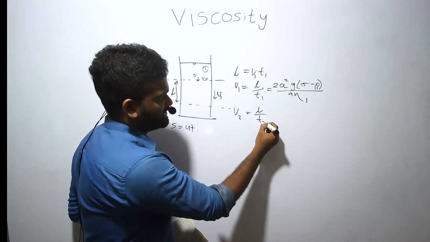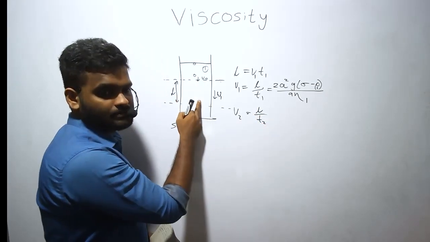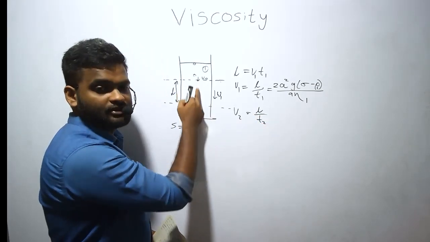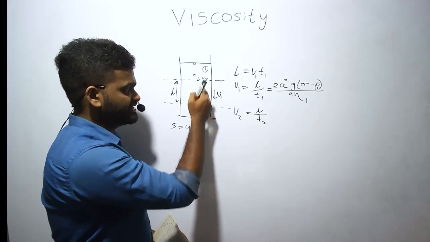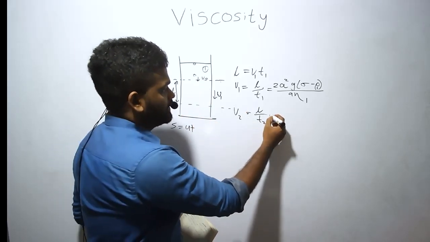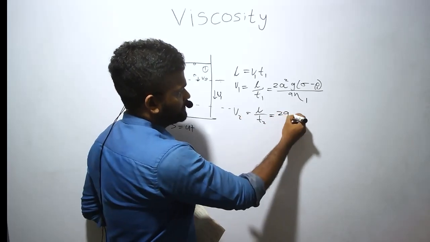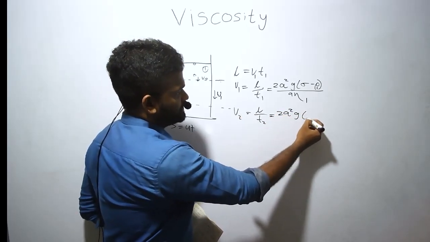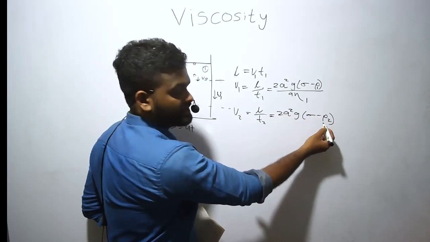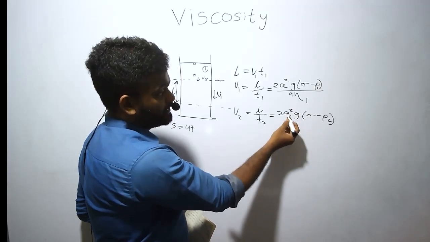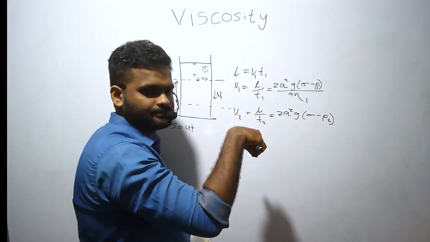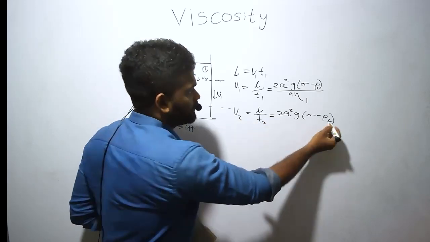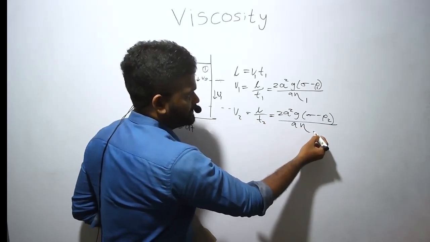Length does not change. Now it takes a different time because terminal velocity is different. Length is the same. These are the marked lengths. So V2 is equal to what? 2a squared g (sigma minus, now the density of the liquid changed, rho 2). Radius does not change. We are using the same solid sphere. Divided by 9 eta 2, a different coefficient.